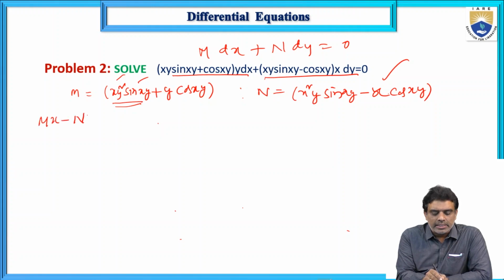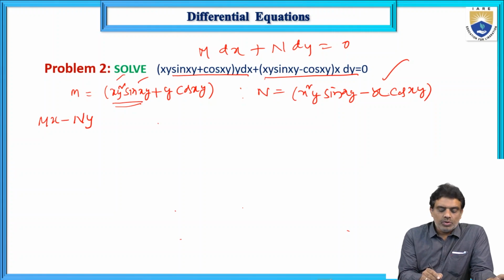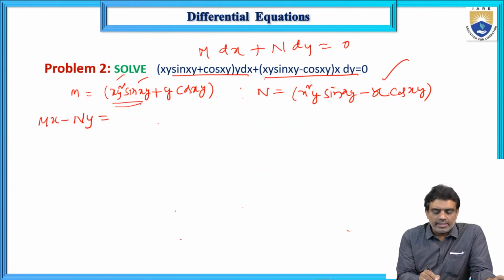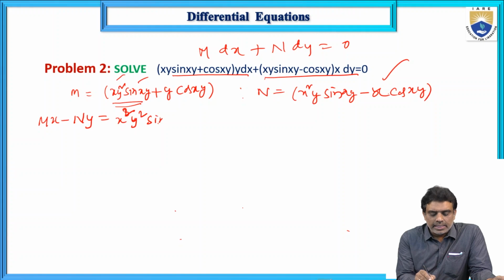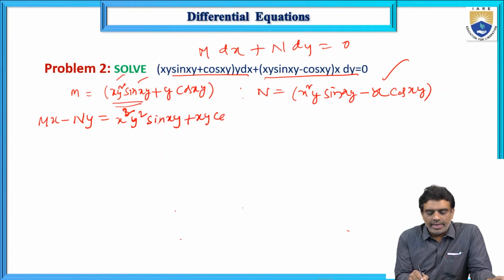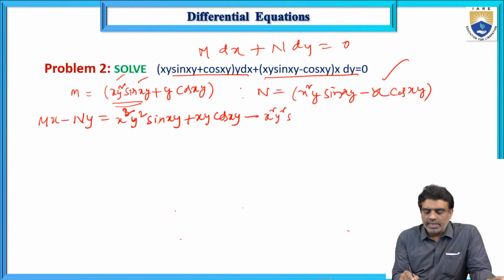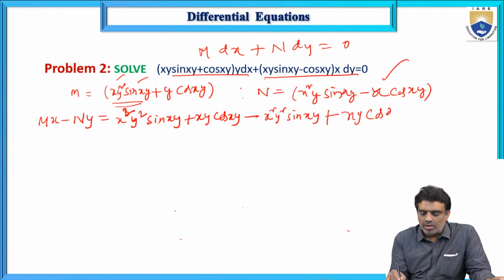and now I am going to check the value of Mx minus Ny. So what is Mx minus Ny? Multiplying M with x: x square y square sin xy plus xy cos xy, minus, multiplying N with y: x square y square sin xy, and minus of minus plus, on multiplying with y, xy cos xy.